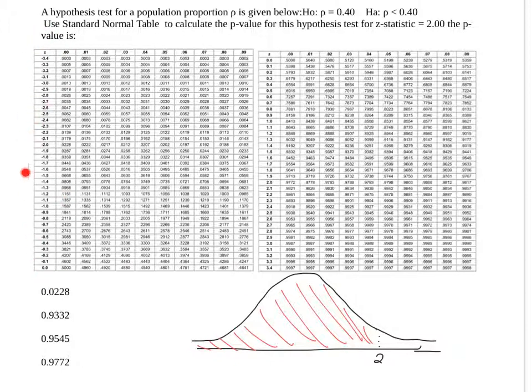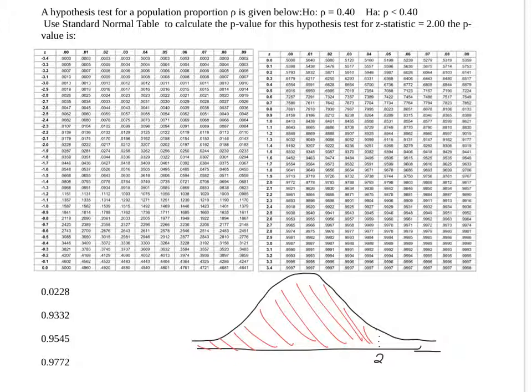Okay, so what are we going to do? You'll notice that on this side, all the numbers have negatives in front of them, but our z-statistic is positive, so we're not going to use this side at all. This side has positive values. That's good. That's what we want. So it's 2.00, right? So this gives the ones place and the tenths place.